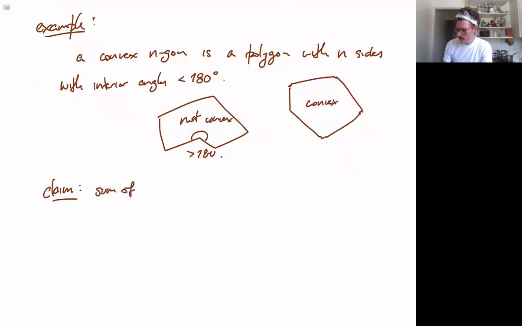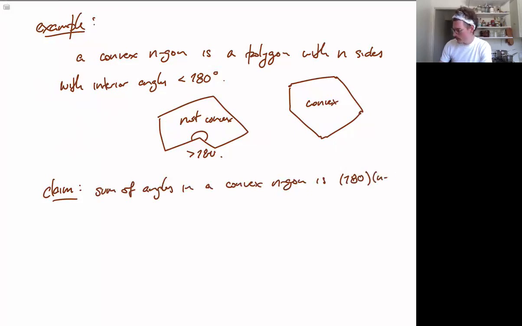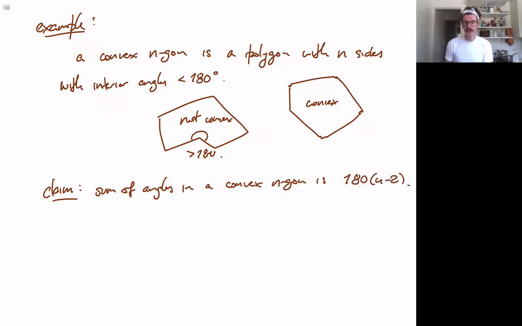The sum of the angles in a convex n-gon is 180 degrees times n minus 2. So for a triangle, which has 3 sides, this is 180. And as you add sides, you add 180 each time. So let's prove this.